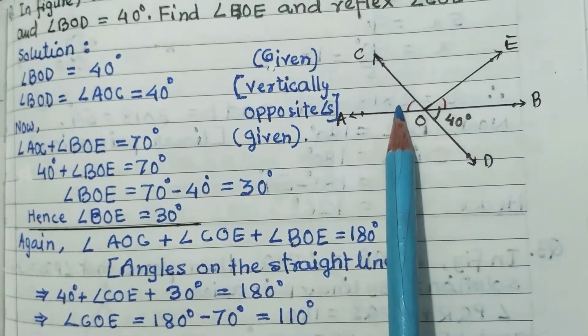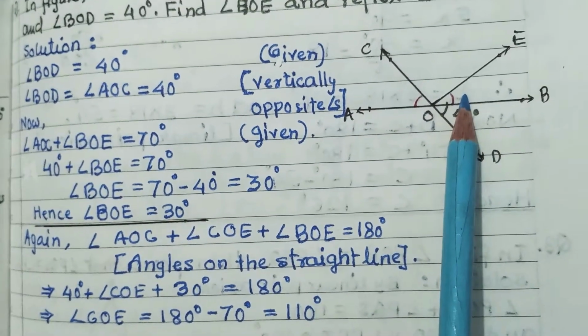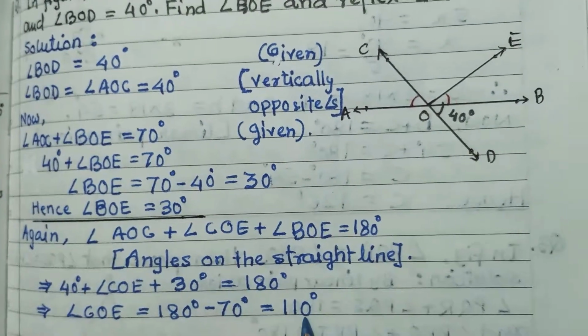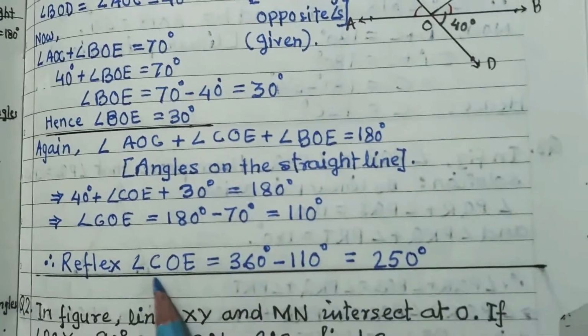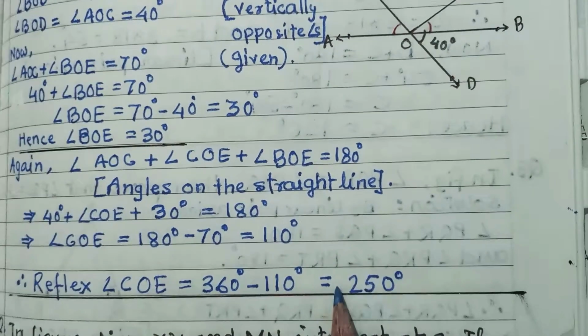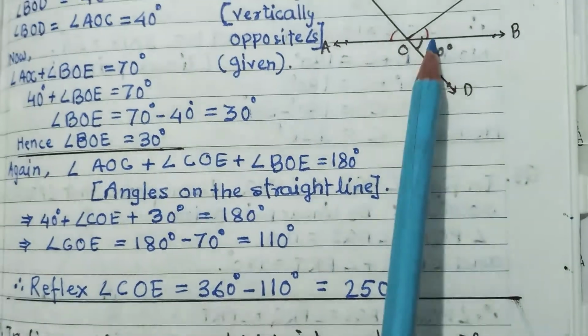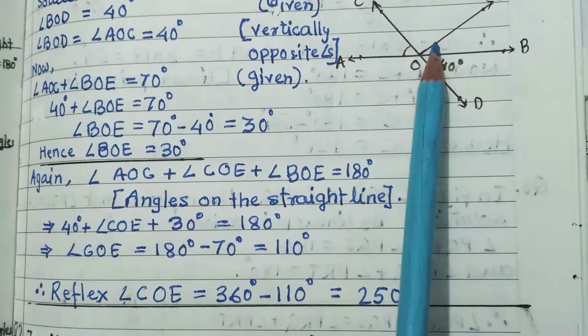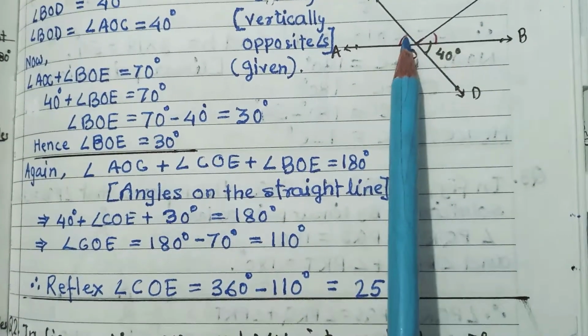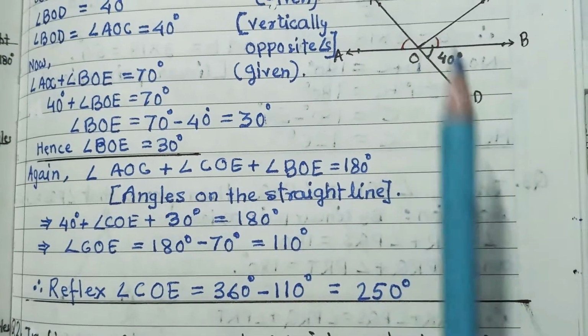Out of this, one is 30 degrees and one is 40 degrees. So 180 minus 70 is 110 degrees. So reflex COE is 360 minus 110, that is 250 degrees.